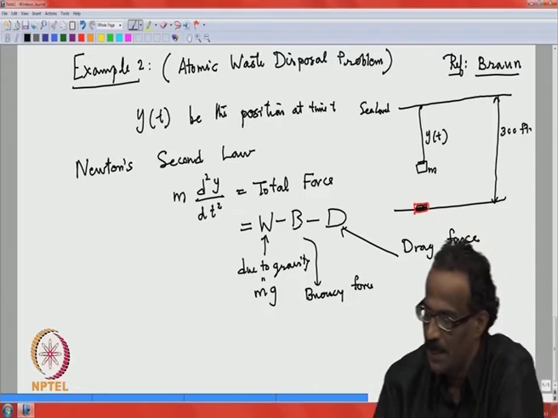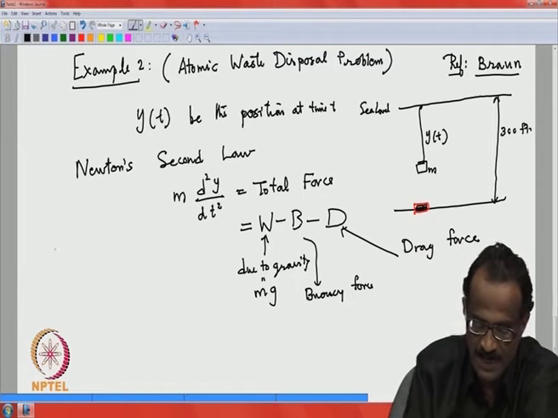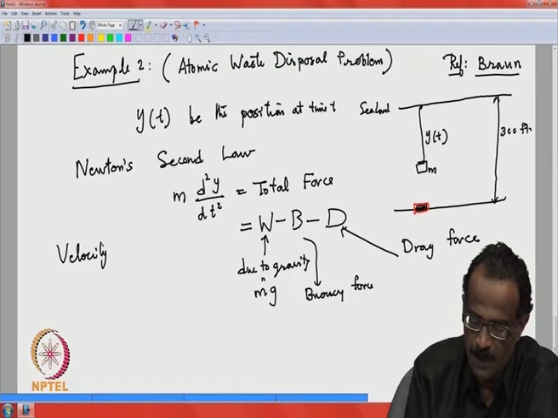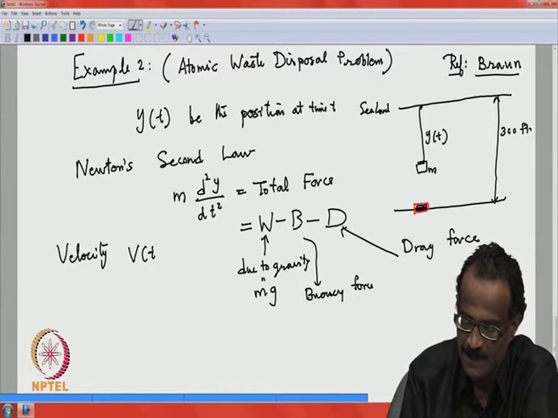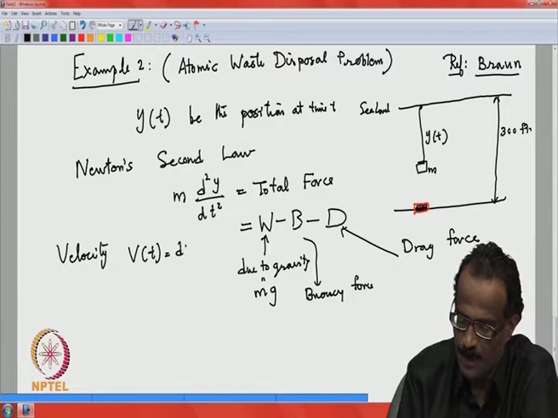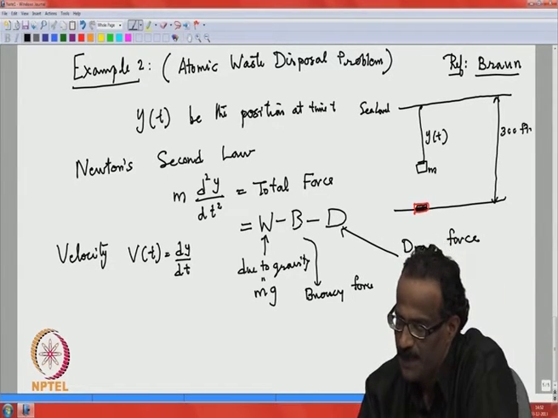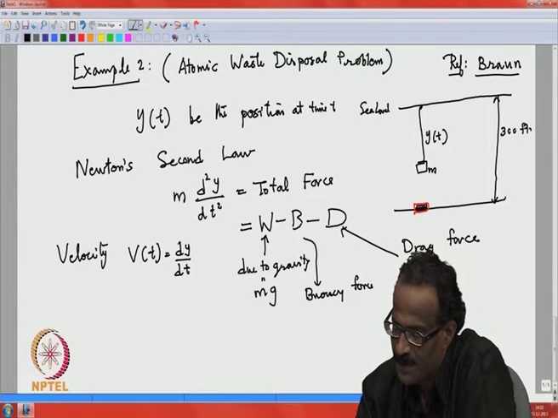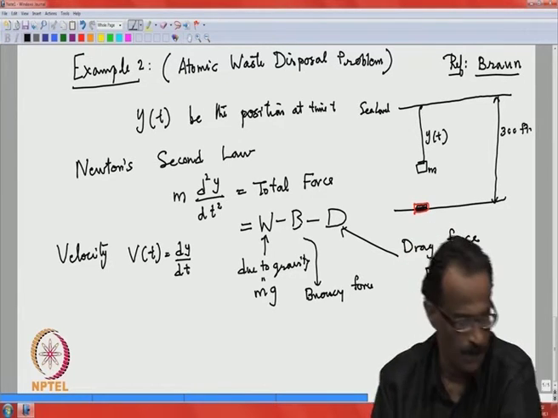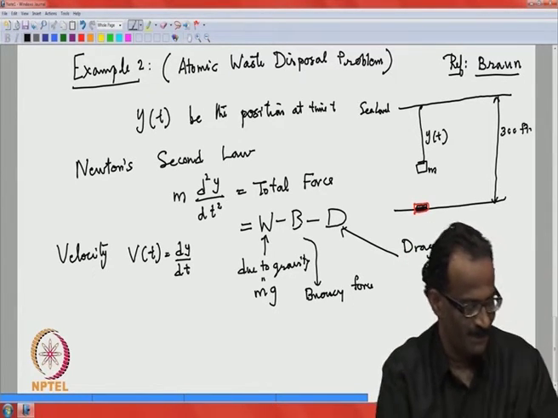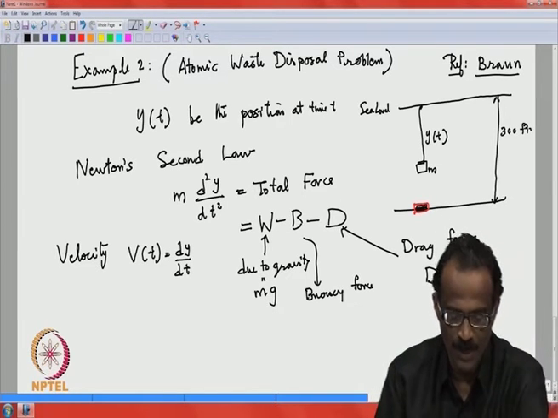Okay. So, let me introduce velocity V(t), which is equal to dy by dt, and the drag force will be proportional to V. So, the drag will be something like C V, for some parameter C. So, it will be proportional to the velocity. How do I write this equation?